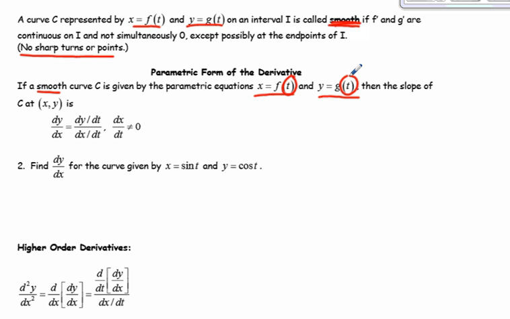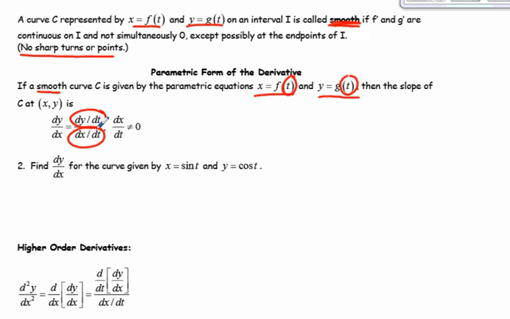So if I take the derivative of f with respect to t or g with respect to t, you're taking the derivative with respect to t, not with respect to x, not with respect to y. So dy/dx would be the ratio of dy/dt, that derivative with respect to t, over dx/dt. And you can see that those dt's are going to cancel out. And also, given that dx/dt does not equal 0, otherwise you would have undefined.